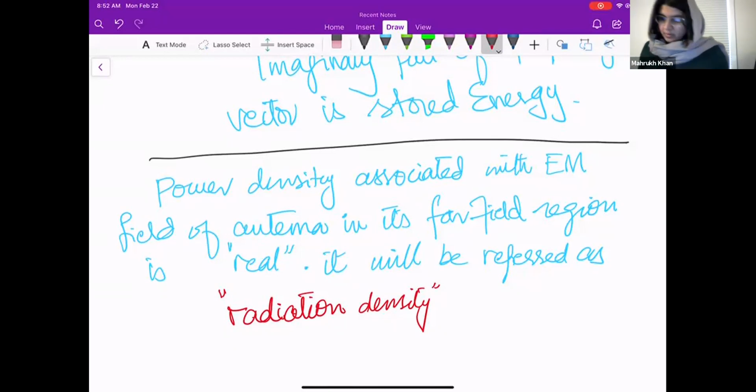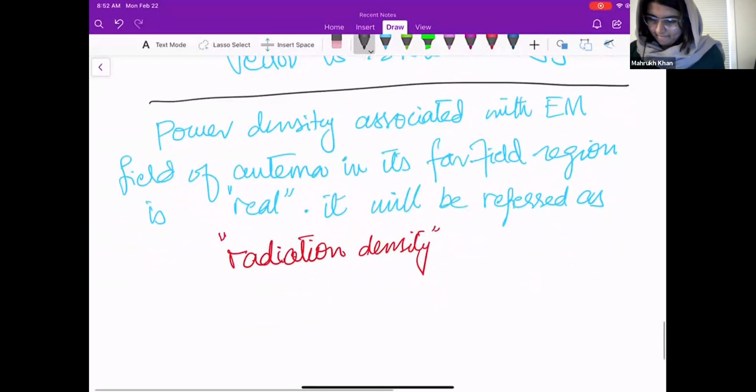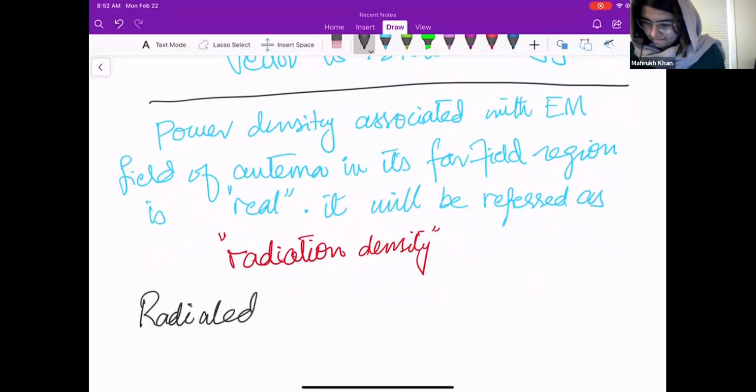So now I want to find the radiated power, or average power.